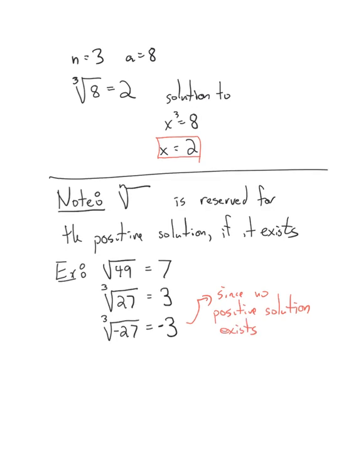Okay, so we talked about what a square root and a cube root and any nth root is. In fact, let's do one more, maybe. We'll talk about an nth root that's not squared or cubed. Let's do, I don't know, n equals 5 and a is 12.